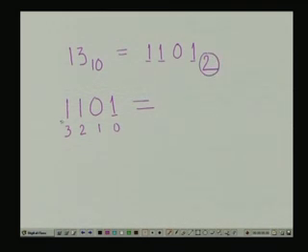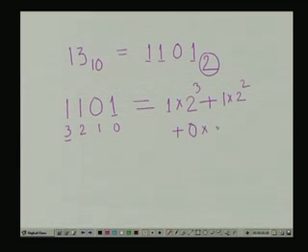So, what will be the thing? This 1 into 2 to the power 3, because the place value is 3, then the coefficient 1 into 2 to the power 2, then plus 0 into 2 to the power 1, plus 1 into 2 to the power 0.